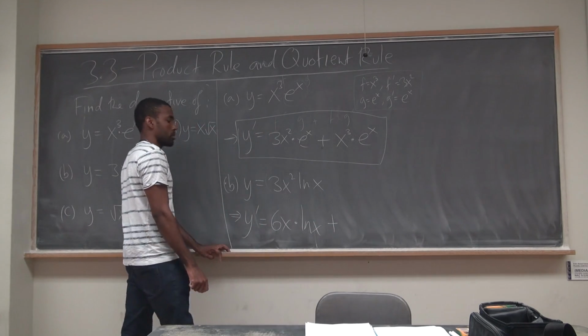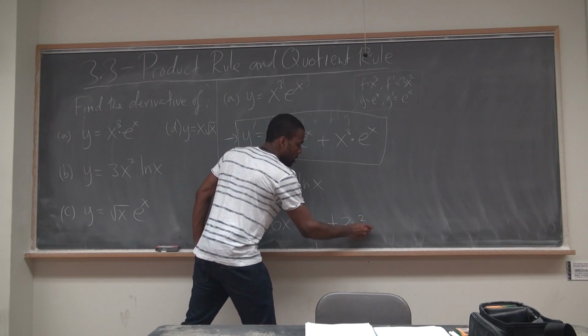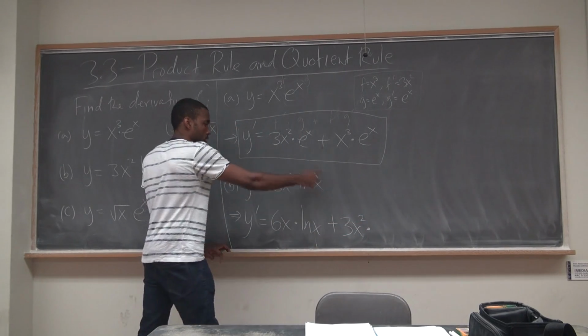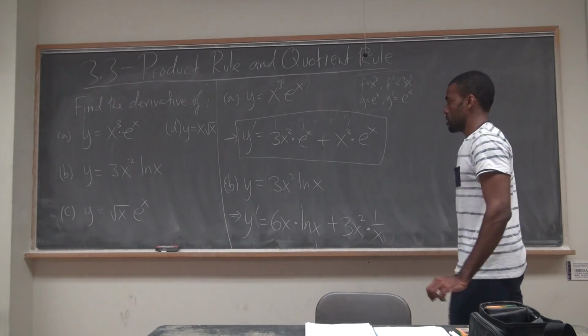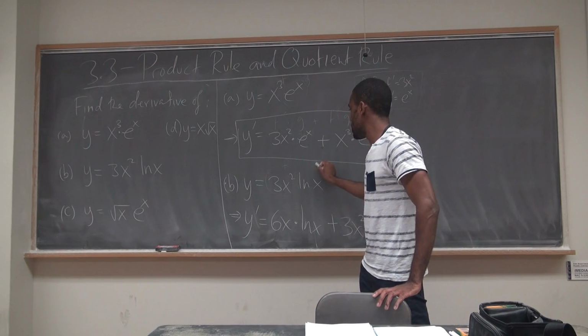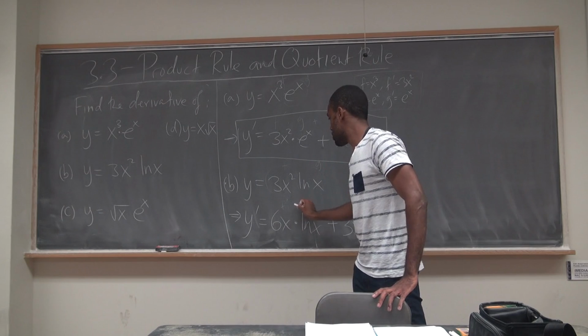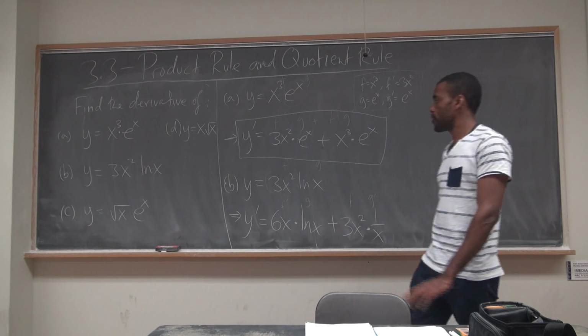Plus, 3x squared, you leave the first one alone that you differentiated before, and then you differentiate that one, which is 1 over x. Right? So this here, it's like that I called my f, this I called my g, and I did f prime times g, and then this is f times g prime.